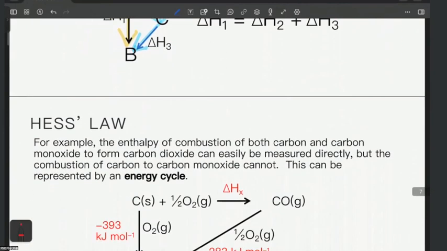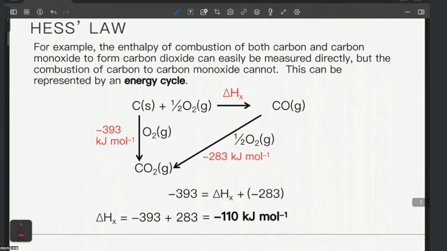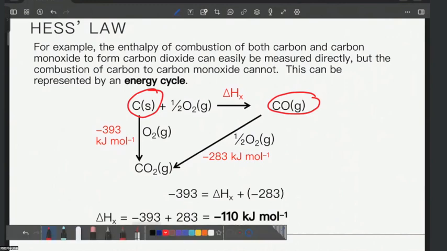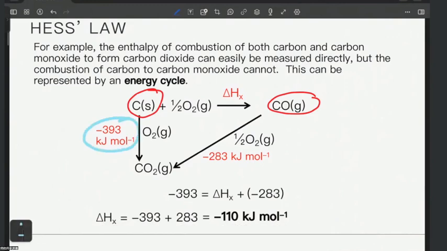Okay, so we can see this one. This is an example of combustion. The combustion of both carbon and carbon monoxide. Their product is carbon dioxide. You can measure the energy, which is minus 393 kilojoules per mole.